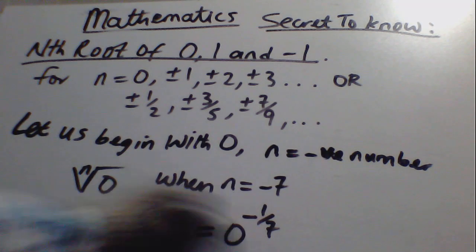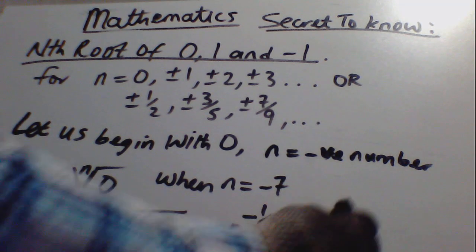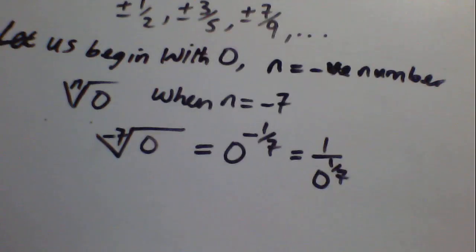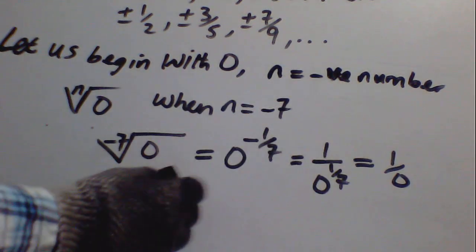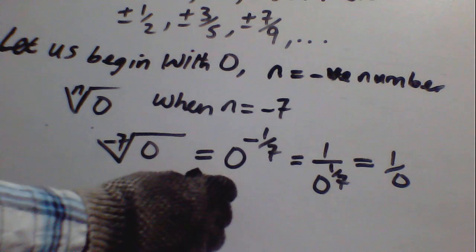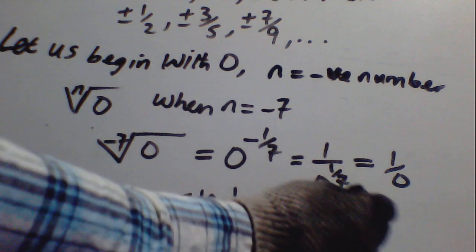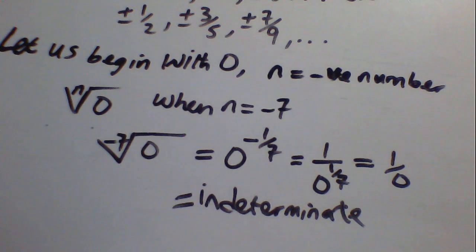So how do you resolve this? If you solve it, you have 1 over 0 to the exponent of 1 over 7. So you have 1 over 0, and this will give us an indeterminate result.